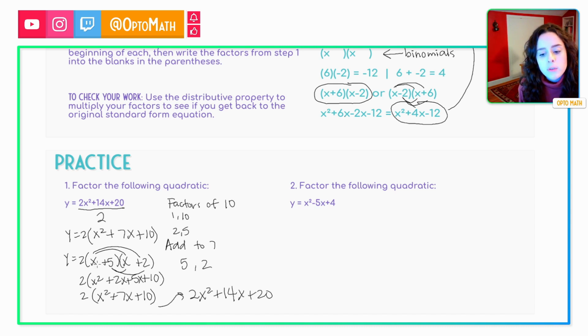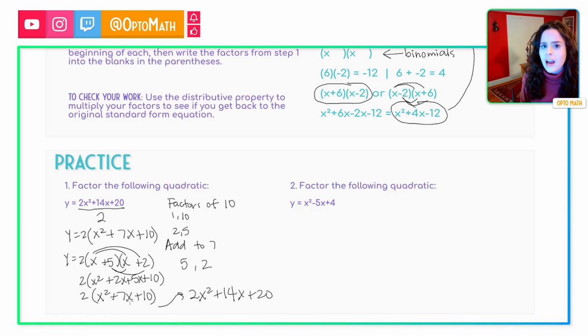So you see what happens whenever you distribute? The ending number is the product of 5 and 2, the two numbers we just found, and that's how you get to the 10. And since you have x times both pieces, that's going to be a 5x plus a 2x, and that's what you do to get your bx.